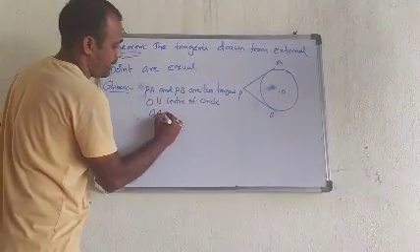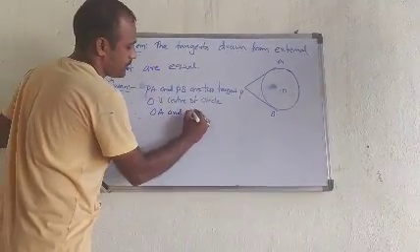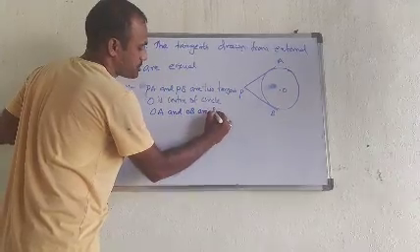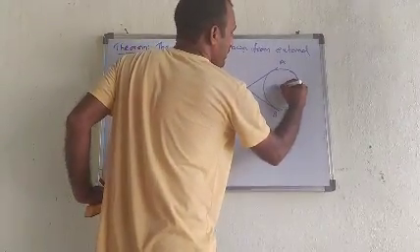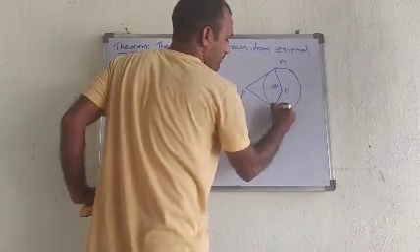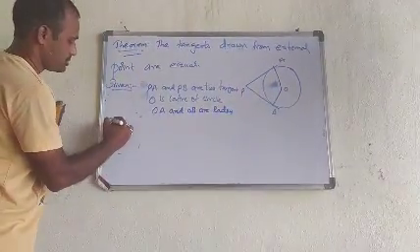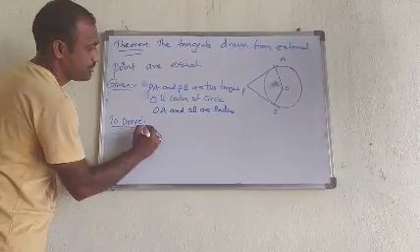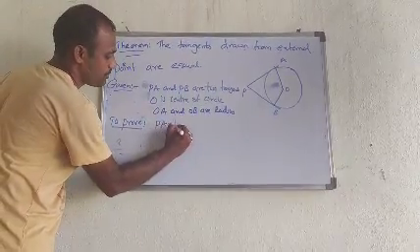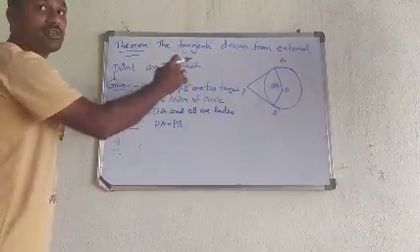OA and OB are the radii of the circle. So let us draw OA and OB here. To prove, we need to prove that PA is equal to PB.